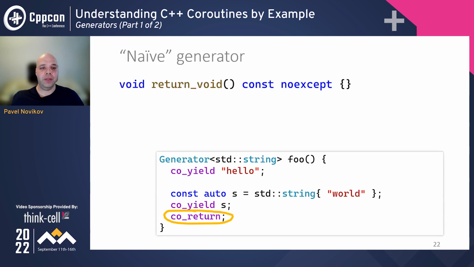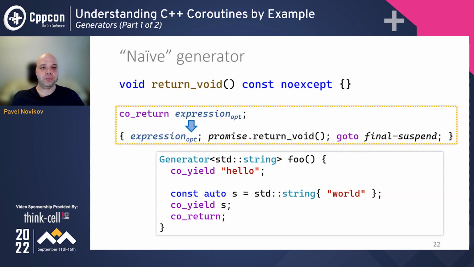The next mandatory function is return void. In our case, we just want to support the co_return statement. For example, if you want to finish the coroutine early, you can use co_return. And in this example, we just place co_return at the end of our coroutine function.